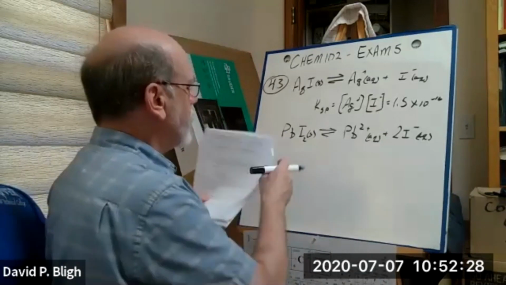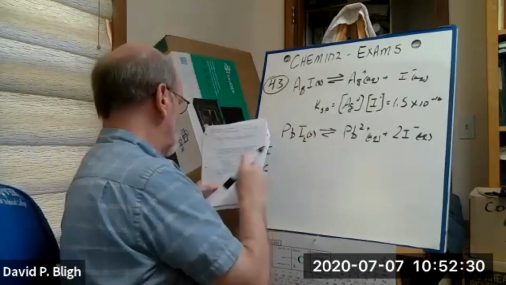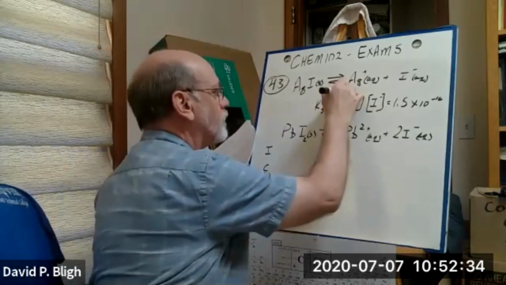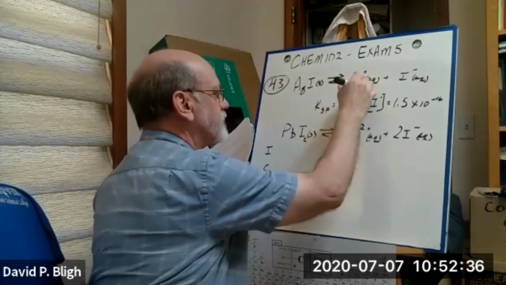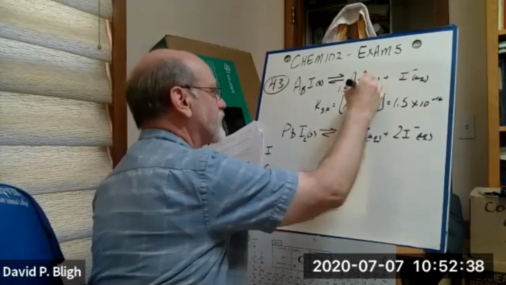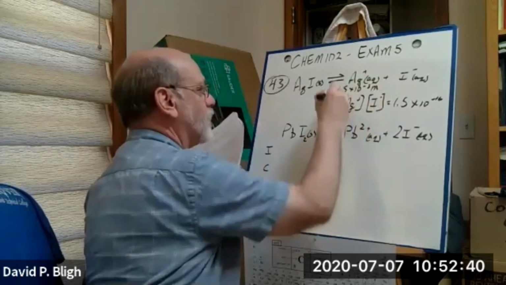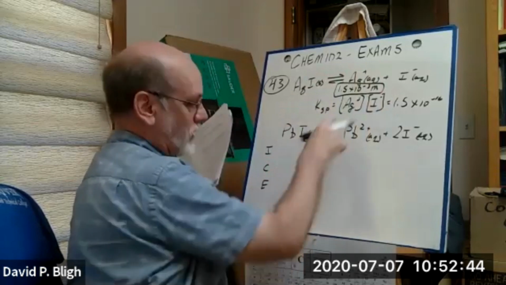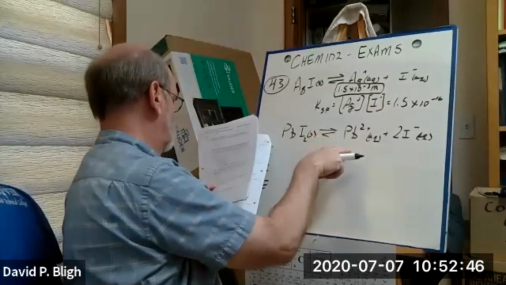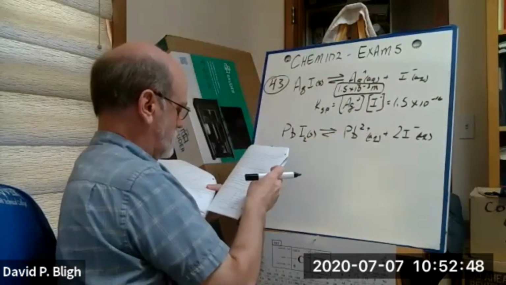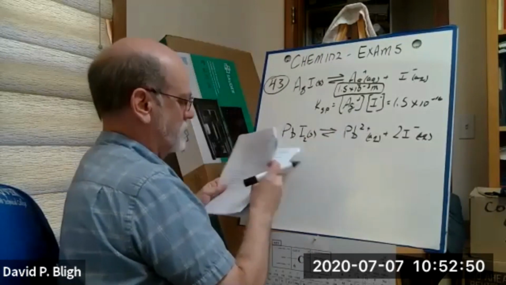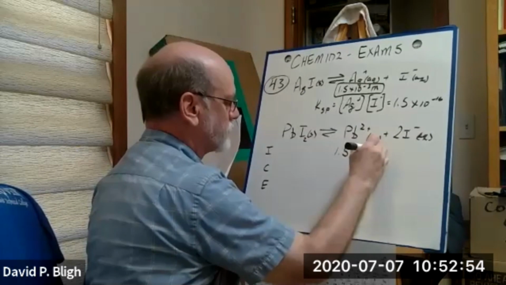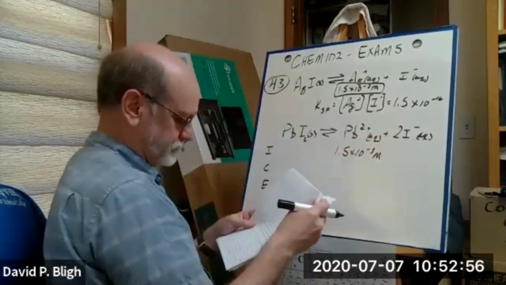So the starting values here are 1.5 times 10 to the minus third molar. 1.5 times 10 to the minus 3 molar. And also this one, right? This one is also 1.5 times 10 to the minus 3 molar.